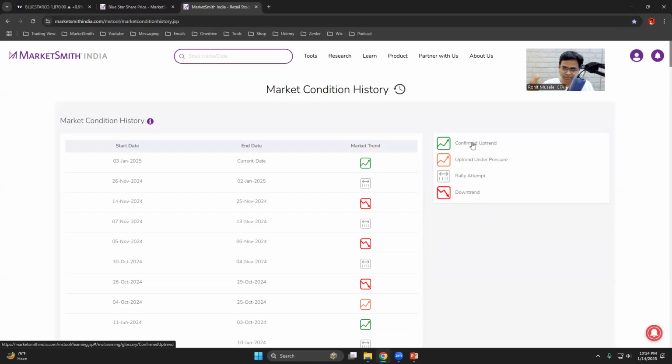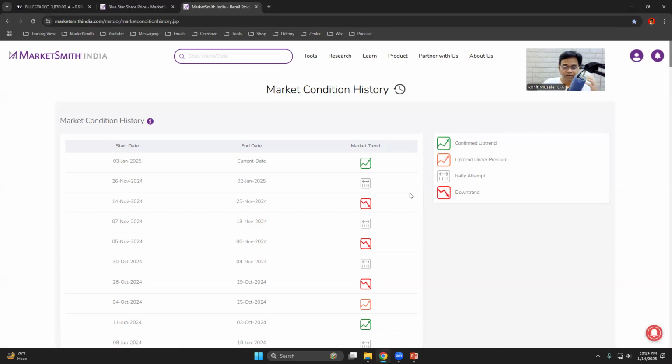In a strong market condition, my criteria is going to be loose, or more lenient. In a weak market condition, my criteria is going to be more strict. Now, although this shows confirmed uptrend, we know that confirmed uptrend is not sustainable. So I consider that a weak market condition.